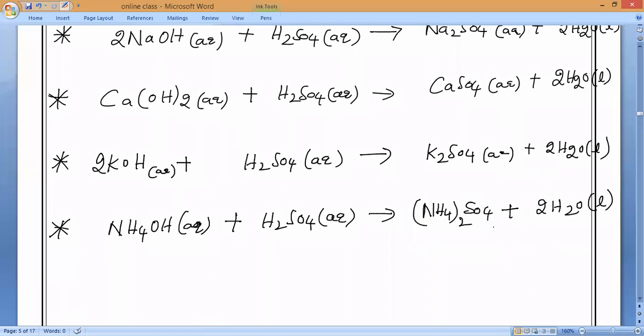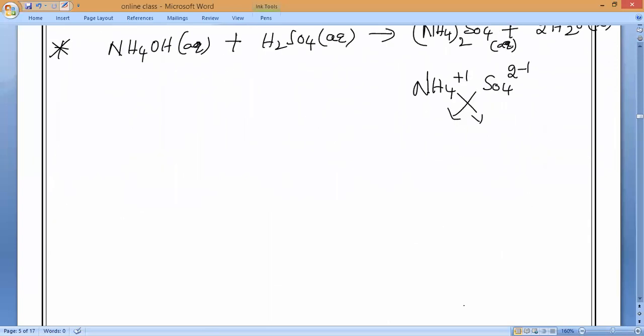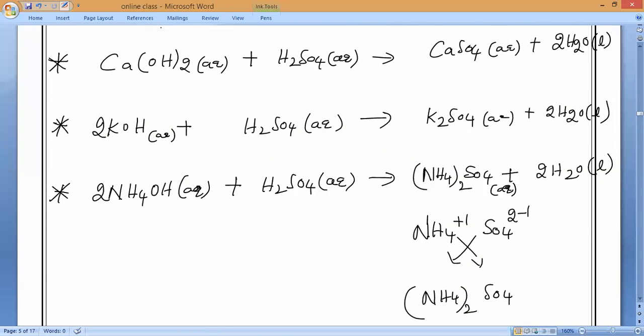It is the first time you are writing it differently. We have to be very careful. Why? Ammonium NH4 is +1 and sulfate is 2-. So on exchanging, we get NH4 twice and SO4 once, and balancing, 2 NH4 will be needed.